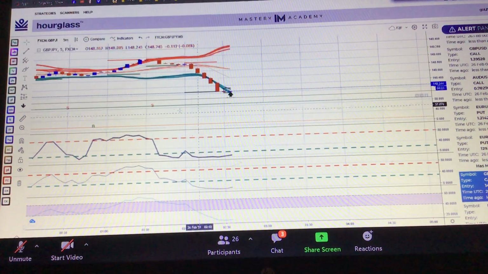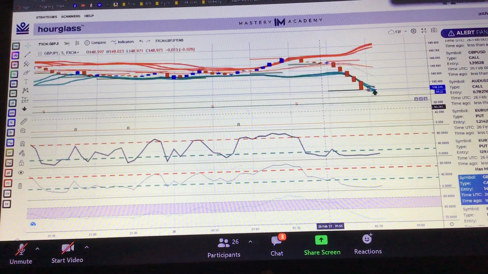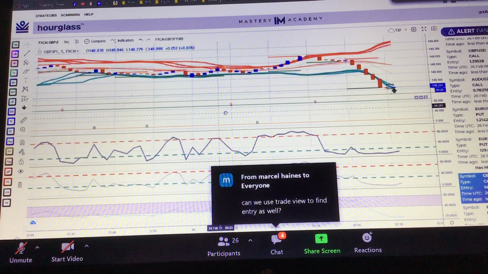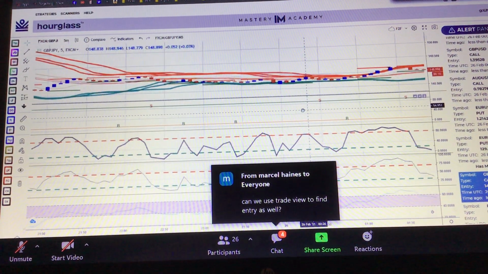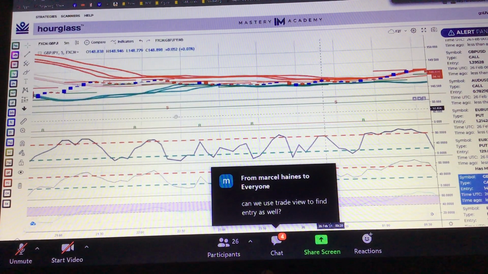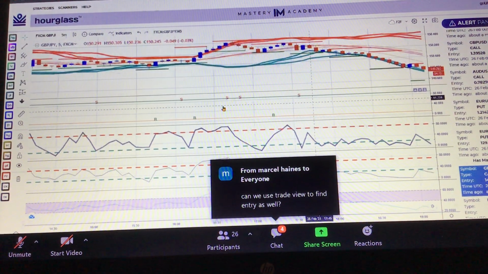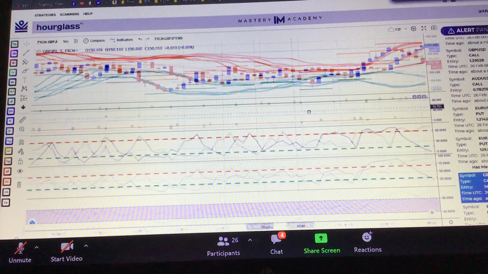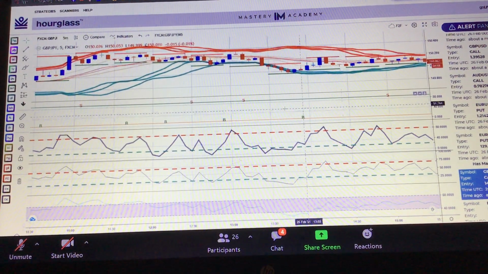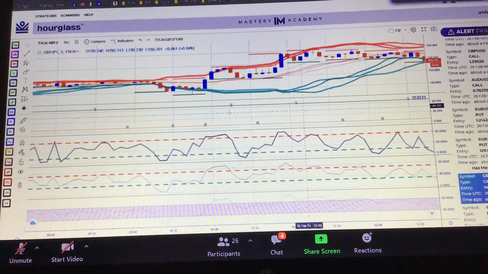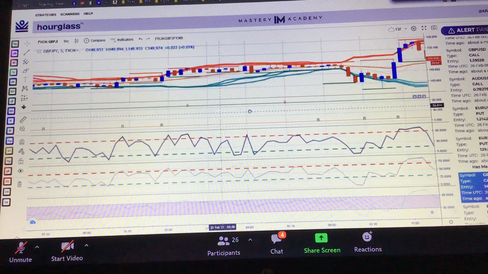JPY. Okay, you know what, I'm going to stick with GBP JPY and see if I can show you, because as I'm scanning the market, I'm looking for divergence. Let me see.